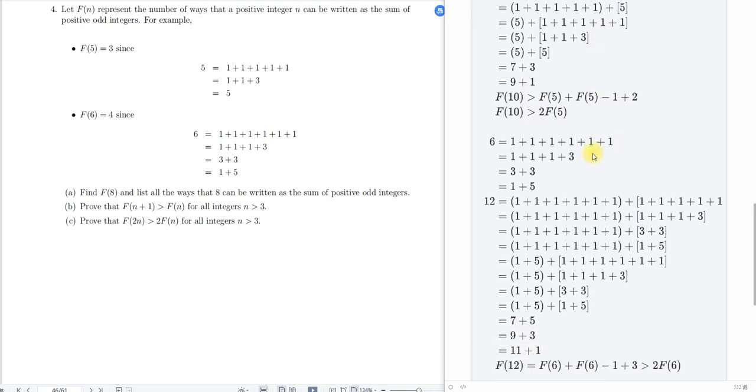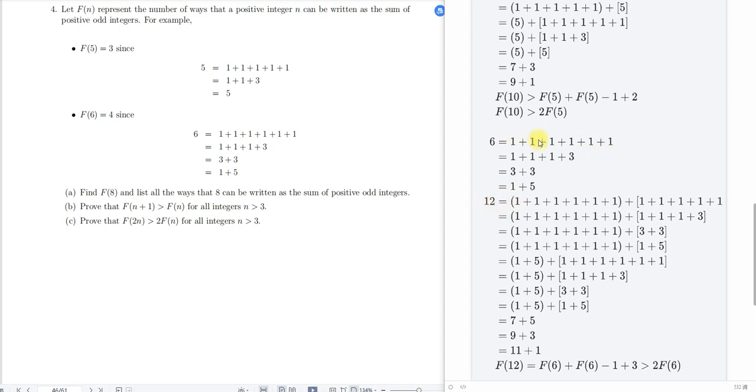Okay, now let's try 6. 6 can be written like this: 1 plus 1 plus 1 plus 1 plus 1 plus 1, 1 plus 1 plus 1 plus 3, 3 plus 3, 1 plus 5. There are 4 ways. So we try 12.